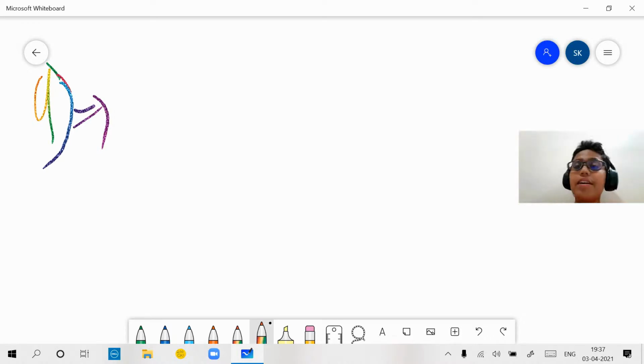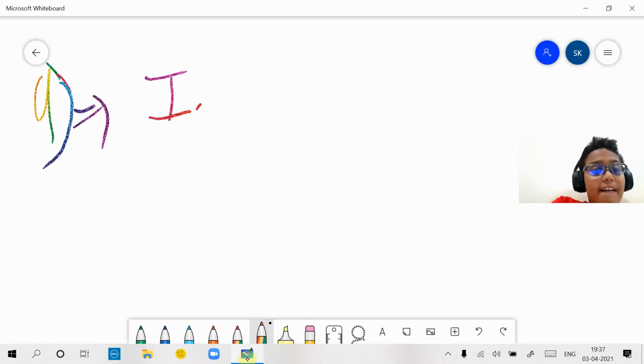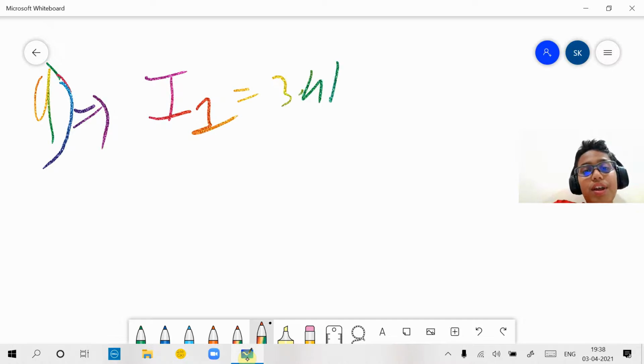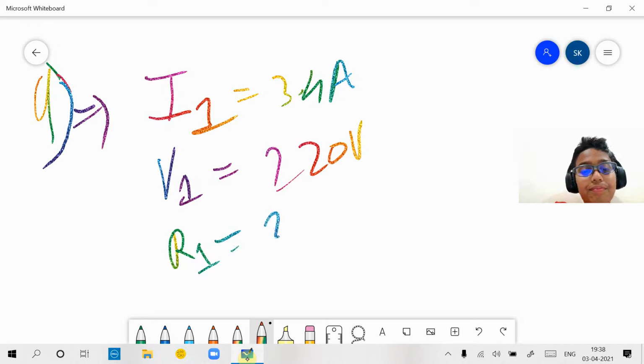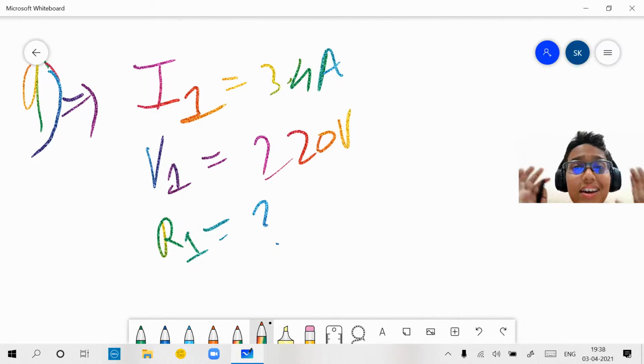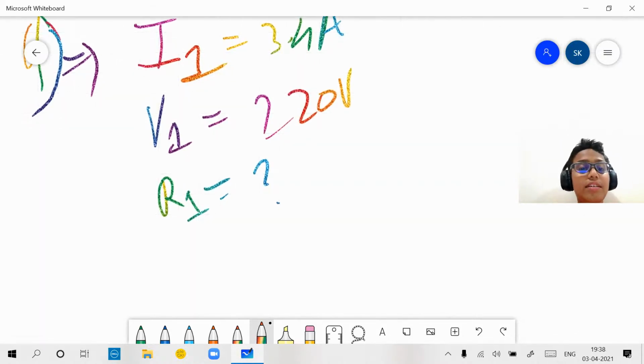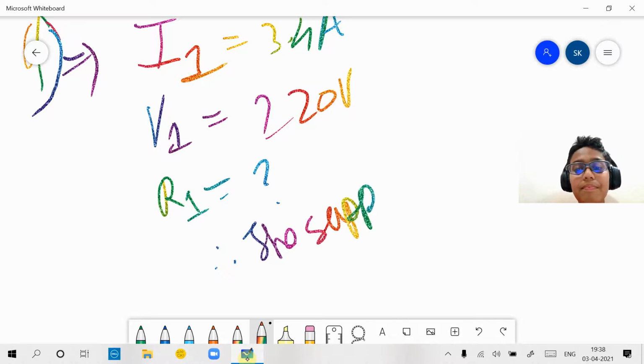So for the electric iron, let's divide this question into case 1 and case 2. In case 1, I is drawing 3.4 ampere, and the voltage in case 1 is 220 volts. R1 is unknown. The main thing here, the conceptual knowledge of physics here, is that the supply line is the same.